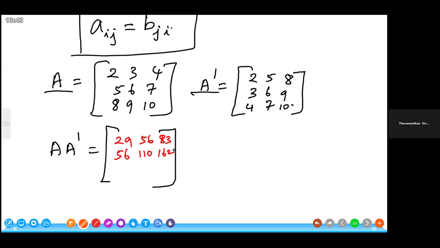What about this? 83, 164, 245. What is this value?